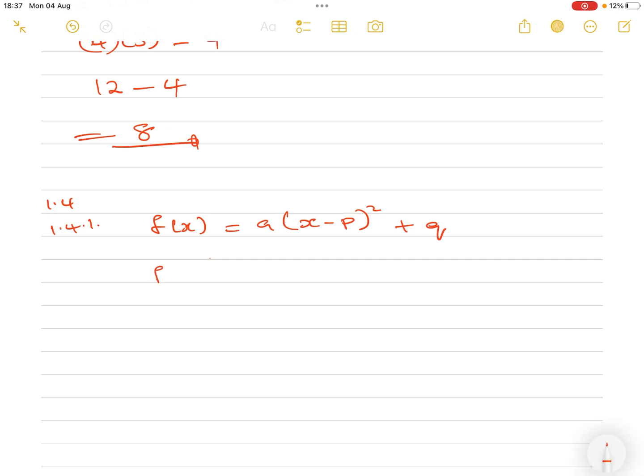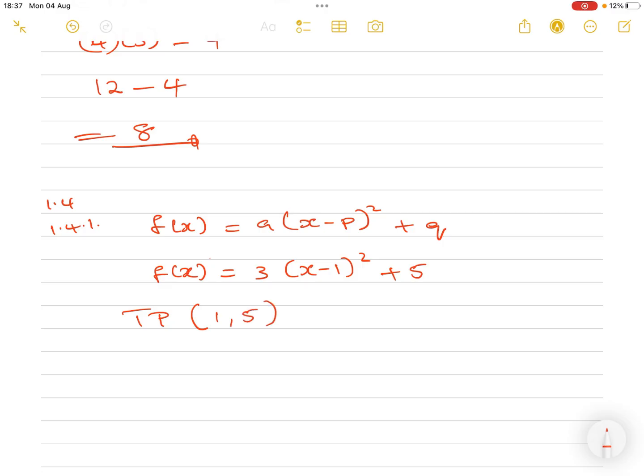But in this case, we have f of x equal to 3 into x minus 1 squared plus 5.